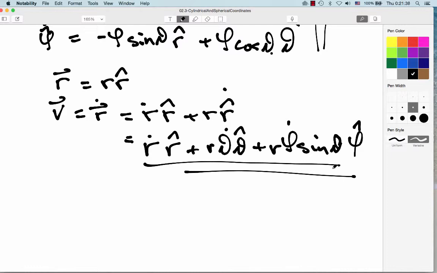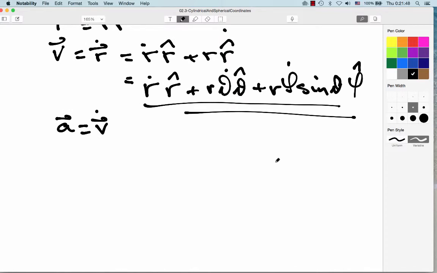And then to get the acceleration, the acceleration will be what we get when we differentiate that. So, okay, we're going to be getting a bunch of terms, and it's going to look a little ugly, but again, keep in mind, when you pick a coordinate system like this, you pick it because a lot of what will look like ugly terms in this will actually be 0.